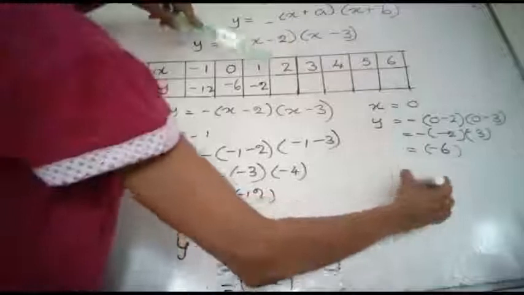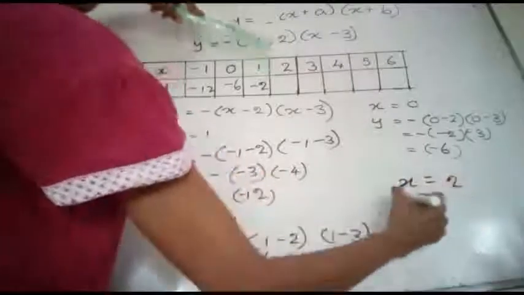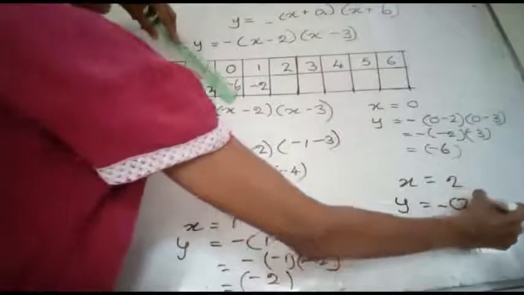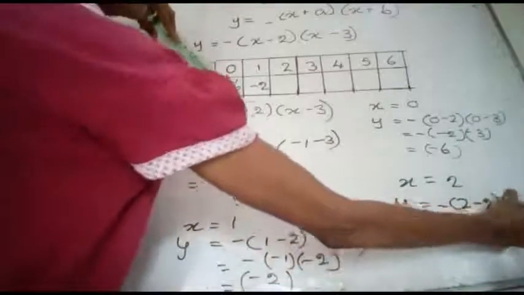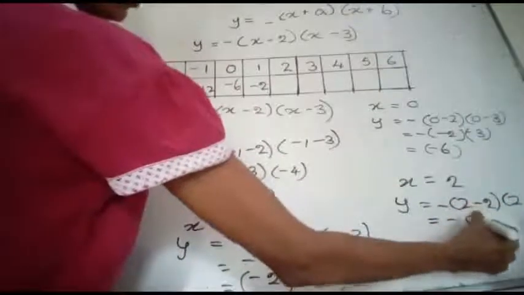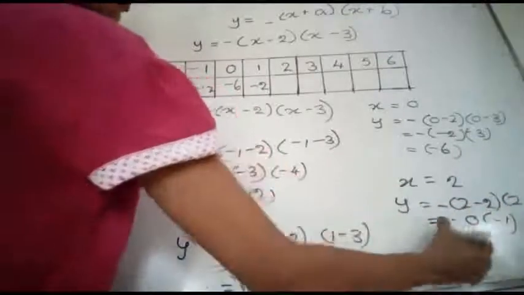X is equal to positive 2, y equals negative (2 subtract 2)(2 subtract 3), which is 0.